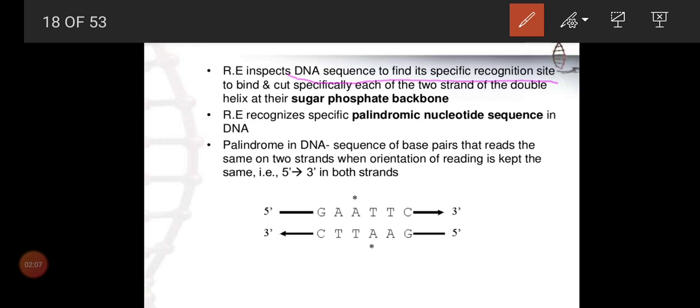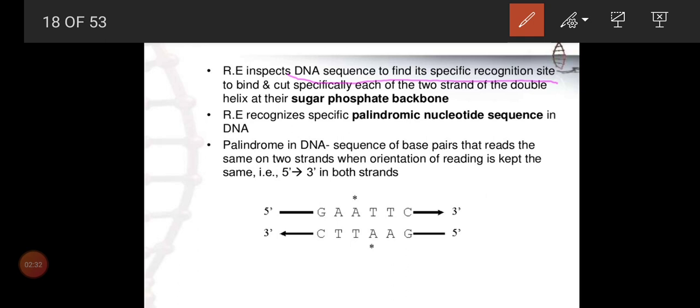We know DNA has a double helix, and there is our target gene that they need to cut. In that only we need to insert our desired gene. So if an endonuclease is there, it will cut in any one part of the area, and it is of no use to make meaningful recombinant DNAs.